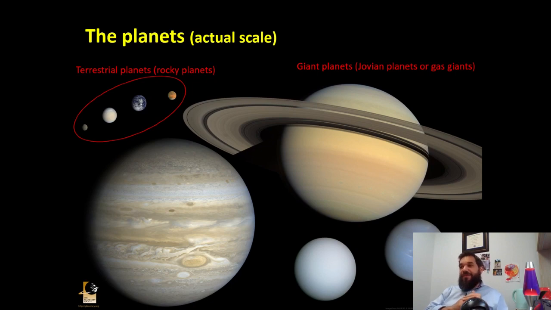So you can see this is actually to scale. And I guess it looks like it's up here to you. But to scale, these are the planets. At first you might not even notice the terrestrial planets up in the corner here, right? So I just had to circle them in red in case you missed them. There's Mercury, Venus, Earth, and Mars.